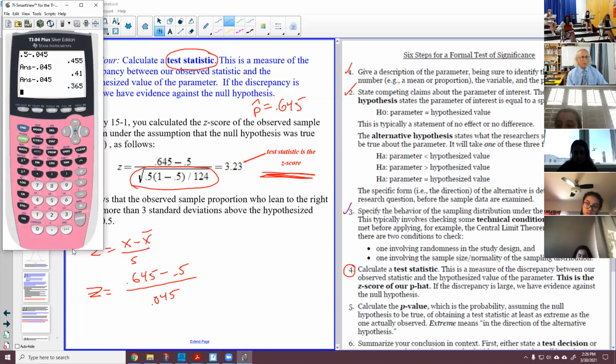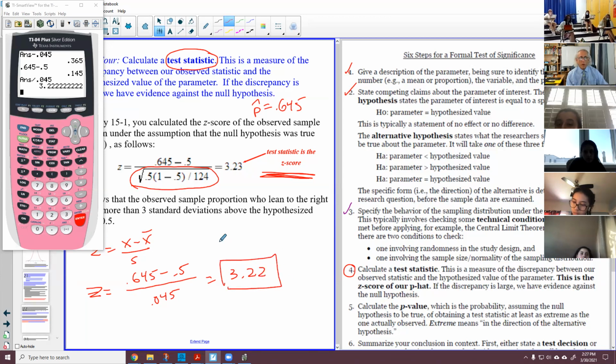So 0.645 minus 0.5, divided by 0.045, and I get a z-score of 3.22. This is my test statistic. This is how far away I am from the mean of my sampling distribution.